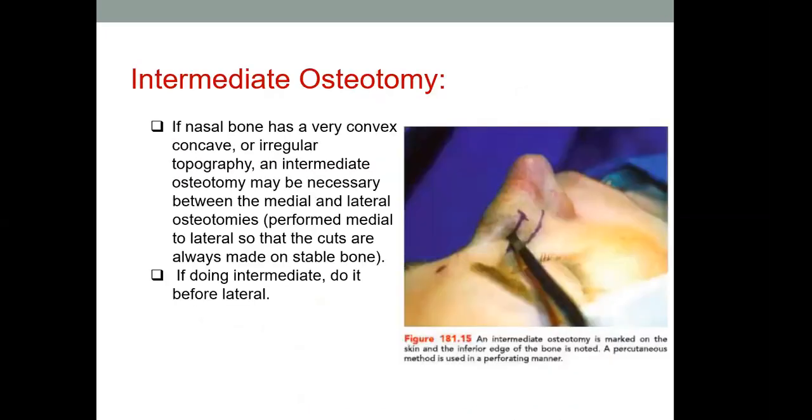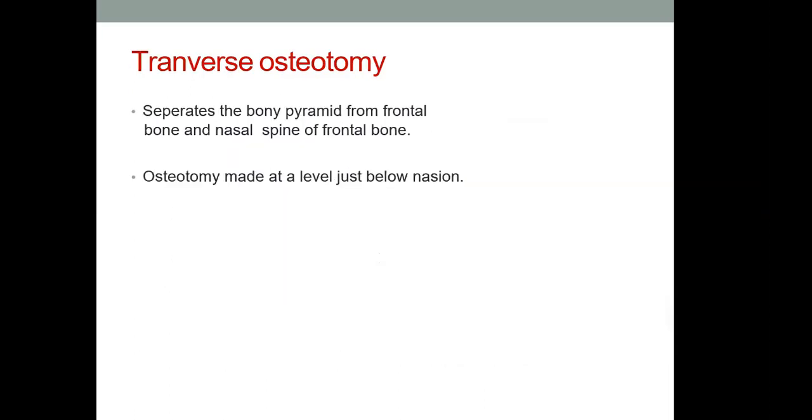Intermediate osteotomy, when the nasal bone has a very convex, concave, or irregular topography, may be necessary between the medial and lateral osteotomies. If doing intermediate, it should be done before the lateral osteotomy. Transverse osteotomy separates the bony pyramid from the frontal bone and nasal spine of the frontal bone. Osteotomy made at a level just below the nasion.